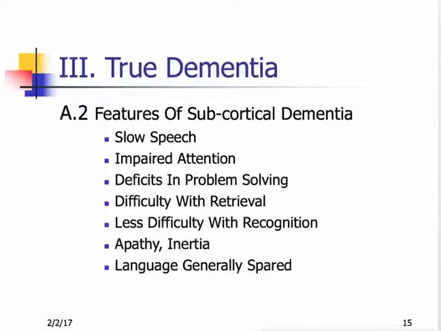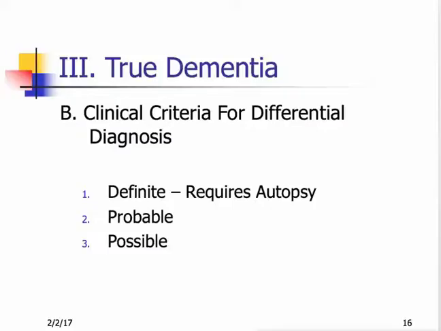Whereas in subcortical, there tends to be slowed speech, impaired attention, deficits in problem solving, and difficulty with retrieval, less difficulty with recognition, apathy and inertia. Language is generally spared with subcortical dementia.